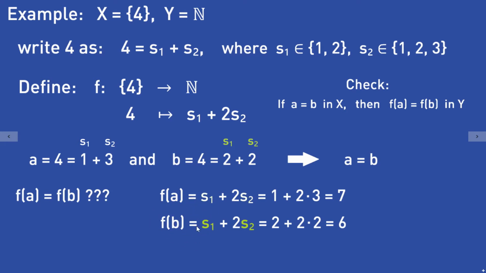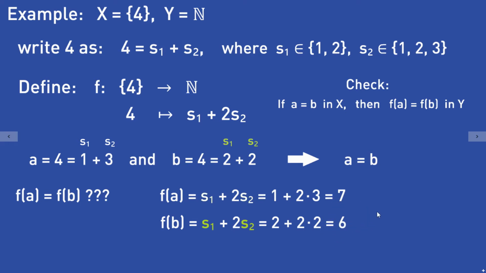F of b is equal to s1 plus 2 times s2. And in this case, s1 is that number here and s2 is this number here. So s1 is 2 and s2 is 2, because we are looking at b now. So we can insert for s1 and s2 and get 2 plus 2 times 2, which is 6.